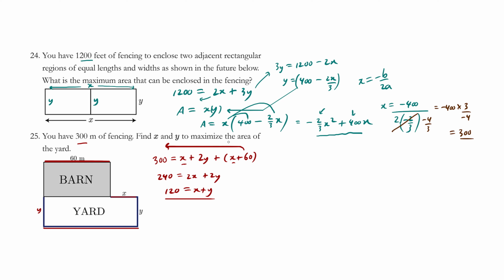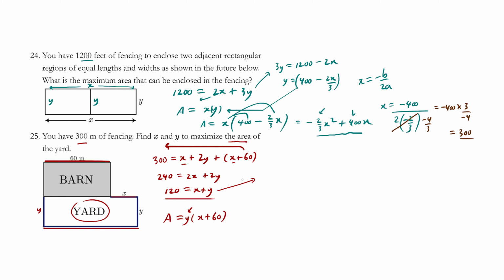And the question is talking about maximizing the area of this yard. So the area of the yard is a rectangle, is base times height. The area is not x times y, no, the base is x plus 60. x plus 60 times y. So let's replace y and speak the same language of x.